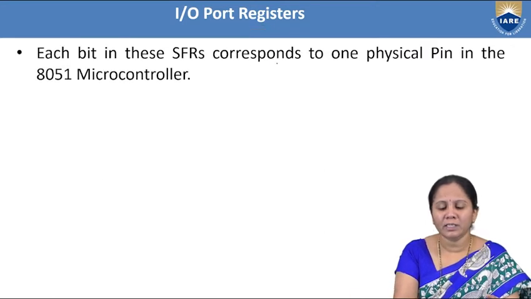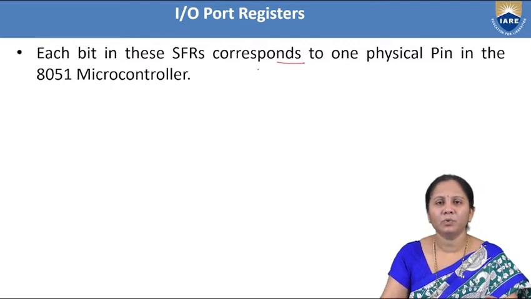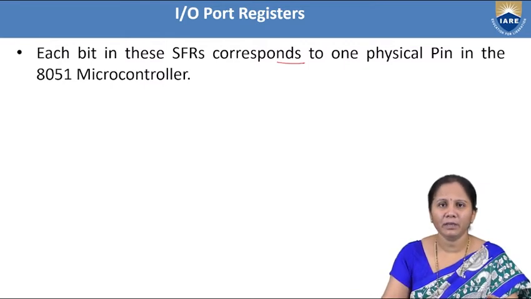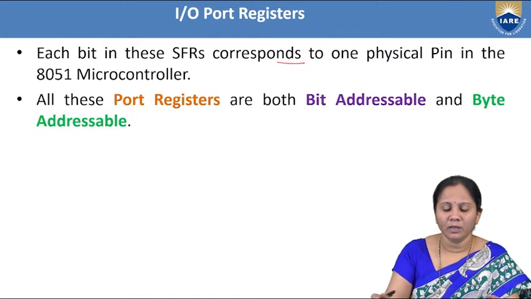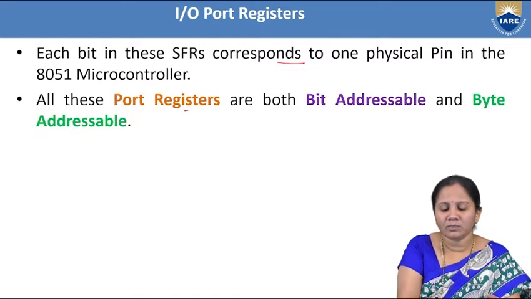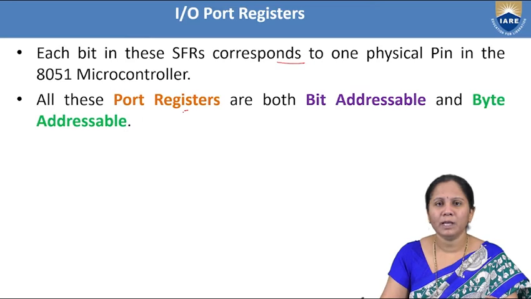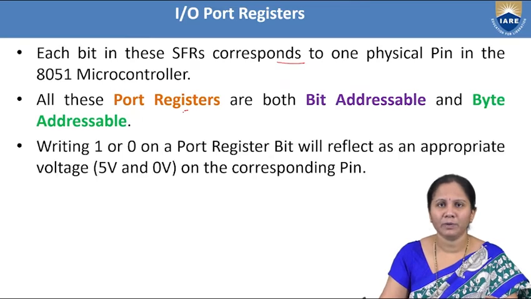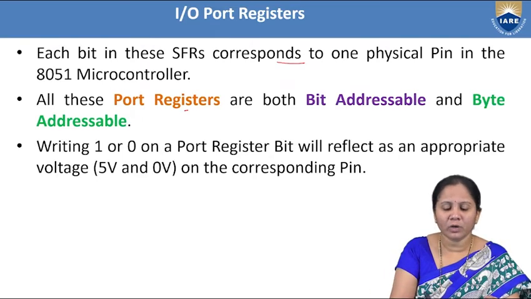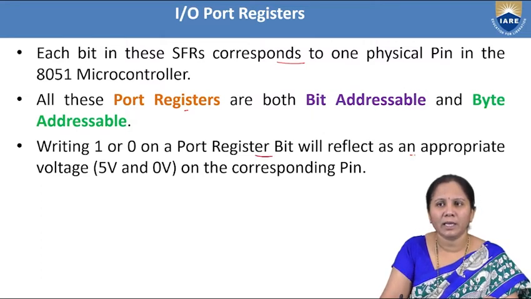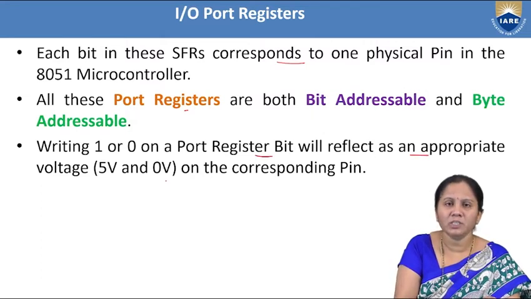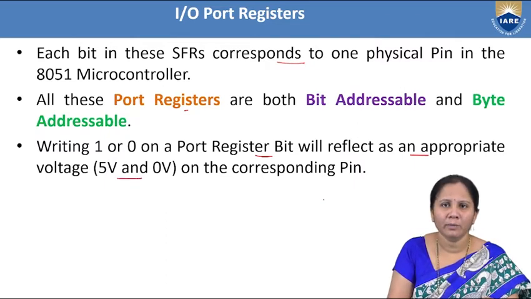Each bit in these SFRs corresponds to one physical pin in the 8051 microcontroller. All the port registers are both bit addressable as well as byte addressable. Writing 1 or 0 on the port register bit will reflect as an appropriate voltage, that is 0 volts and 5 volts on the corresponding pin.